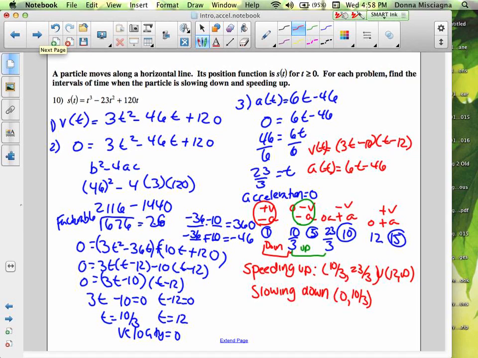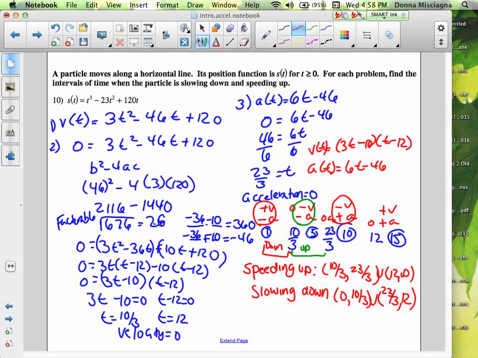And here's where it didn't matter because they're again different. Oh no, I'm sorry, we sped up between 10 thirds and 23 thirds. Again, we slowed down between 23 thirds and 12. So the moral of the story is, don't cram in your work, or you can't tell the difference between your pluses and your minus signs on your interval there. So that was between 23 thirds and 12.